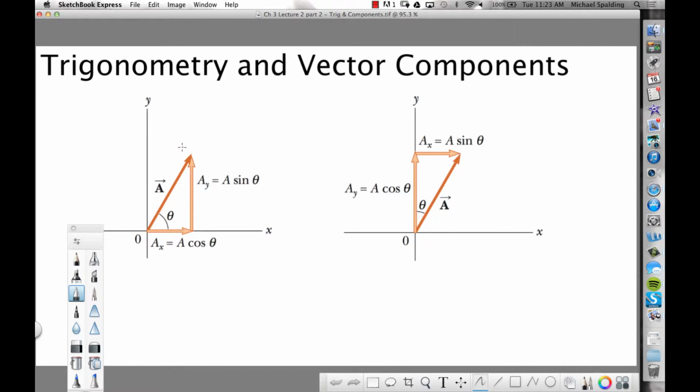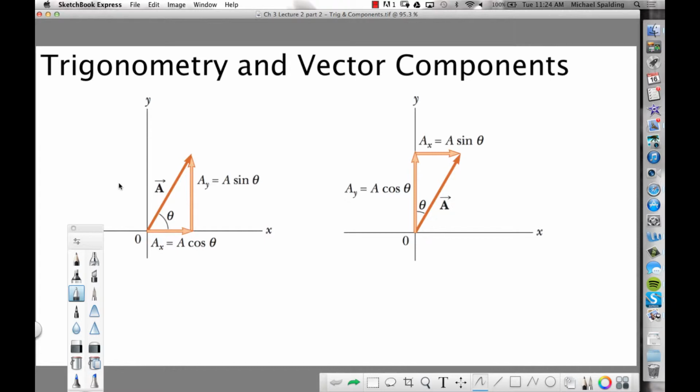We have vector A, see vector A right there? And then over here we have vector A. These vector A's are identical, but I just want to show you how you can draw components in 2 different places. So the components of a vector make up the total, right?